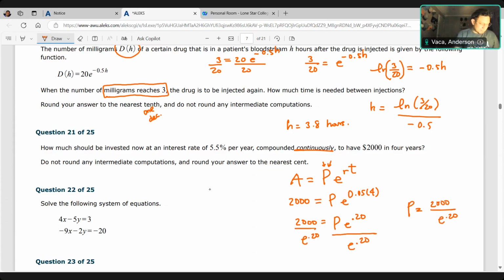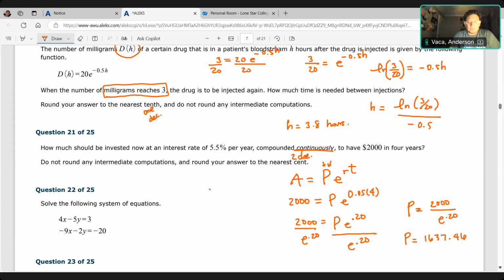And time for the calculator. 2,000 divided by e raised to the power of 0.20. And I get that the initial investment, how many decimals, 2 decimal places? 1637.46. Okay. Nearest cent, that is 2 decimal places.